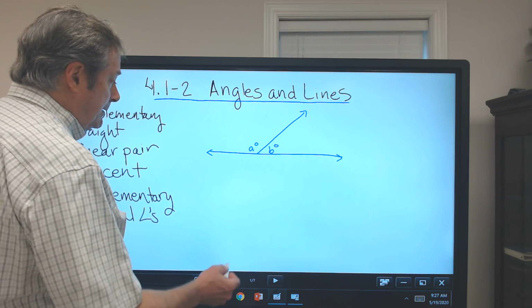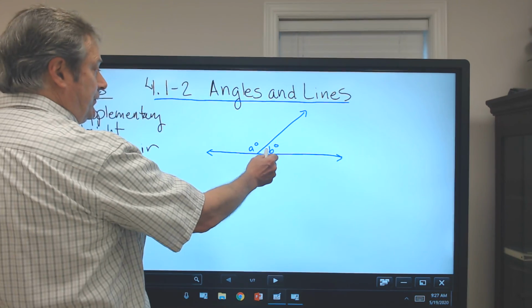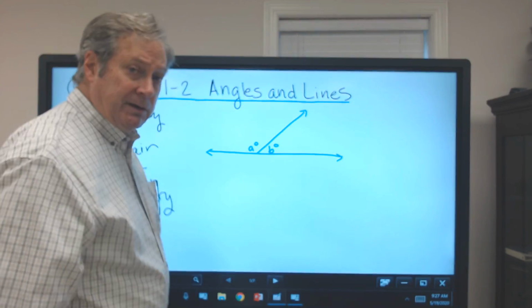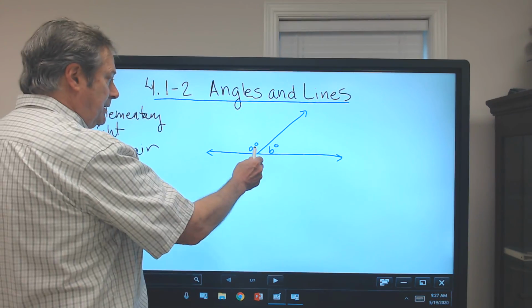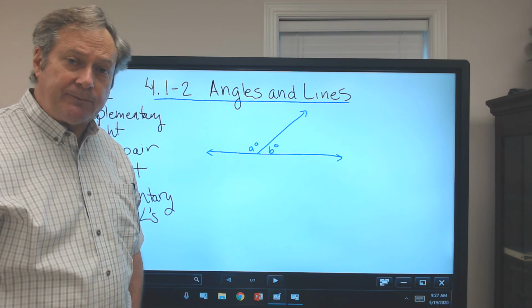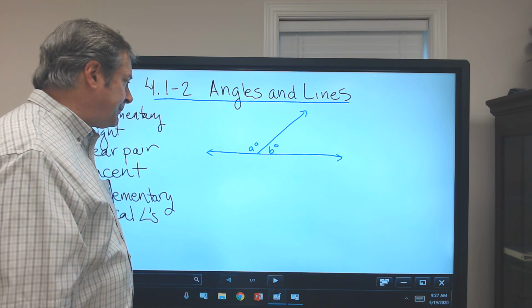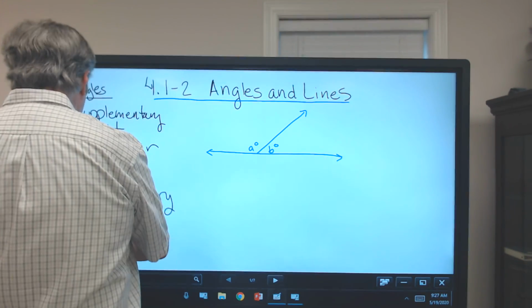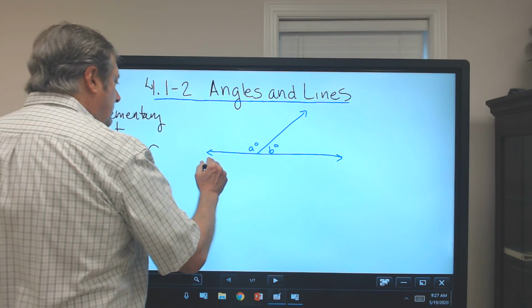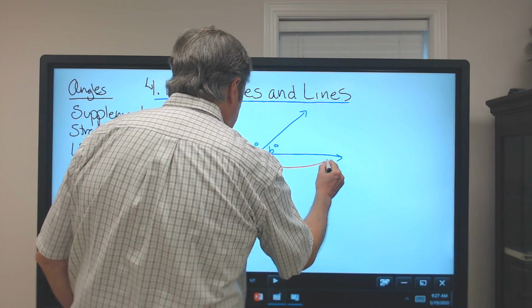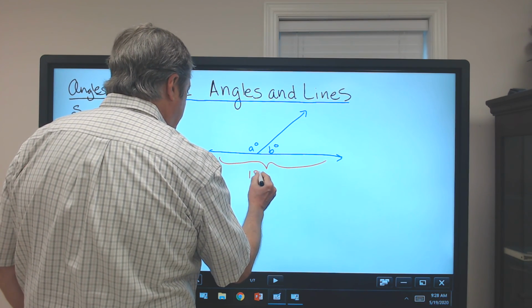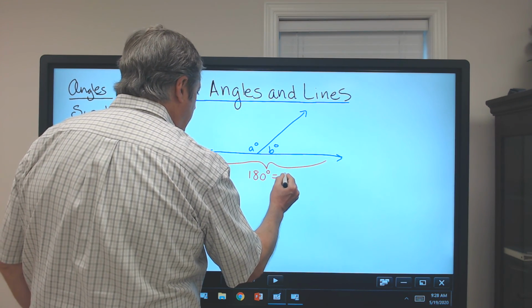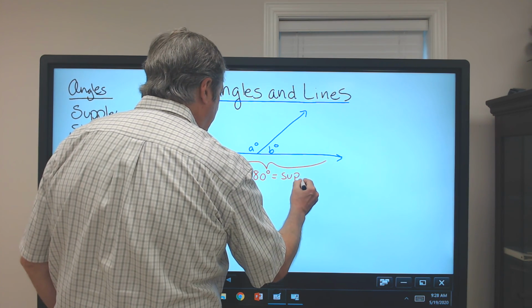Now while we're on it, angle B is an acute angle. It's less than 90 degrees. Angle A would be obtuse. It's greater than 90. And the combination of A and B is 180 degrees, and we call that pair supplementary.